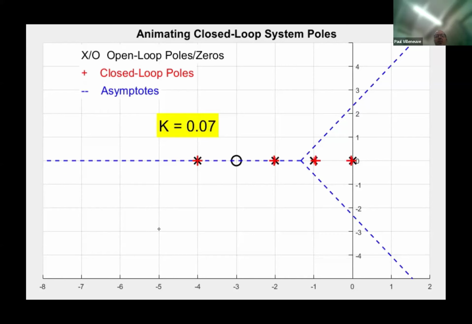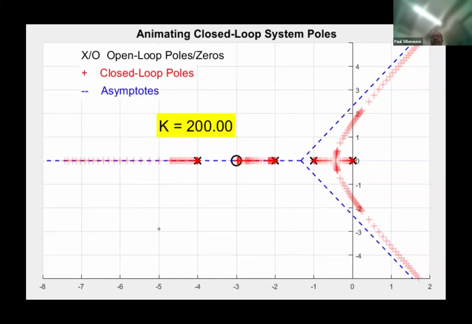You can see that the two closest to the j omega axis are approaching each other. The other ones are starting at poles and walking away and trying to end at zeros. And as k continues to increase, bigger, bigger, bigger, we start to approach closer to our asymptotes.